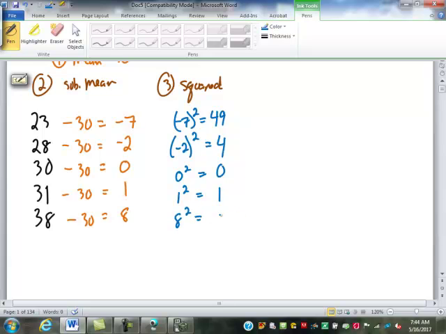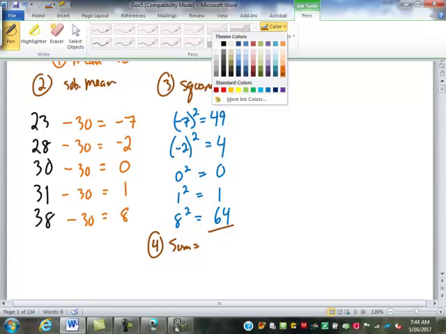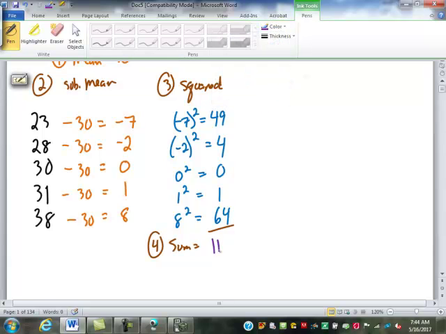And 8 squared, 64. Step 4. What's step 4? Find the sum, add them up. So I add those together and I've got what, 118? I believe.